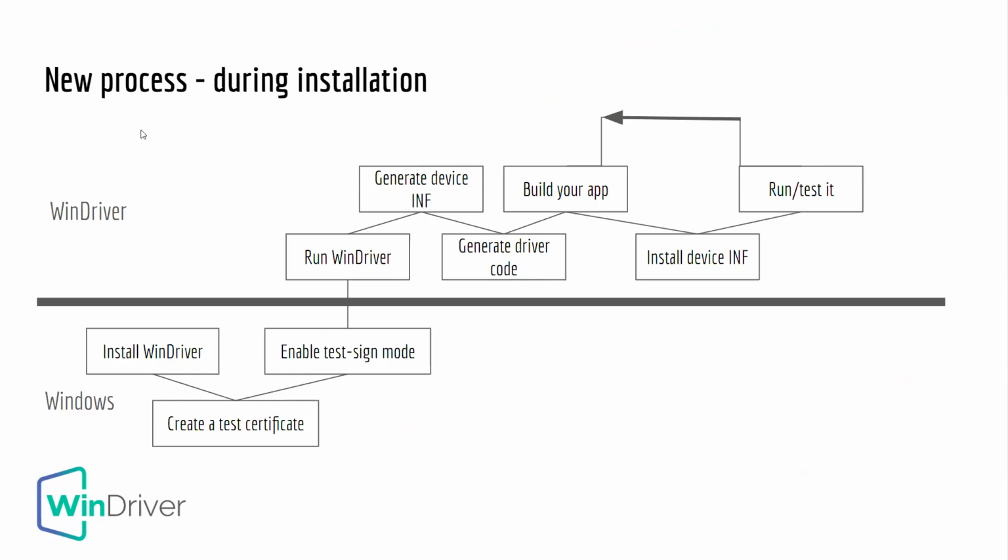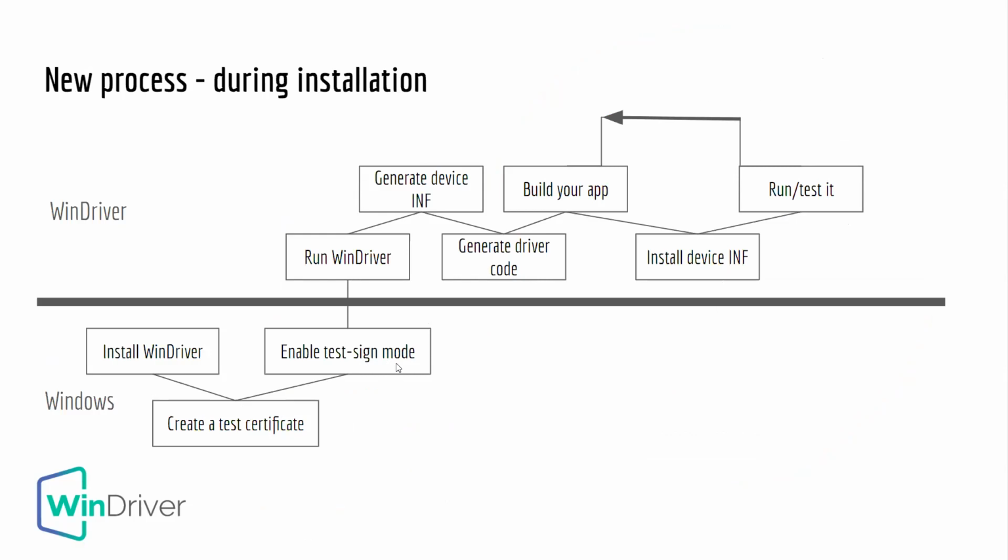There is a new process. In the new process, you install WinDriver and create a test certificate. I will go through what a test certificate is quite soon. You enable the test sign mode, which requires a restart during the installation, but only once.